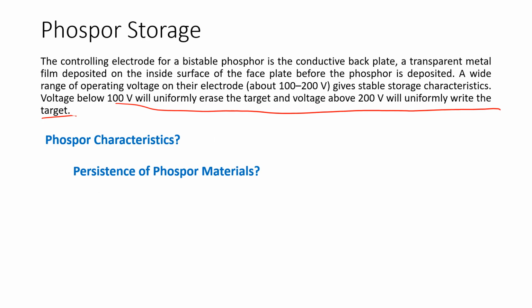Below 100 will erase the target, and above 200 will uniformly write the target. So in this phosphor storage, the electrode voltage is already defined, around 100 to 200 volts. Then you can find in the textbook what this phosphor characteristic is and what the persistence of the phosphor materials is.